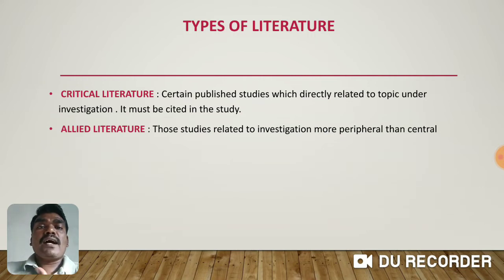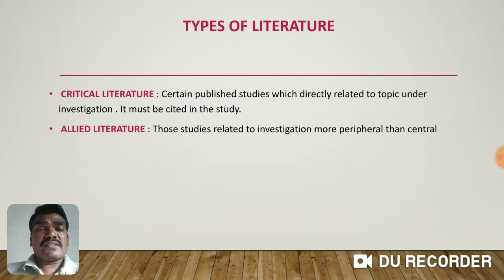Okay. Another type of literature is allied literature. It means the studies which are already undertaken but related to the investigation more peripheral than central.